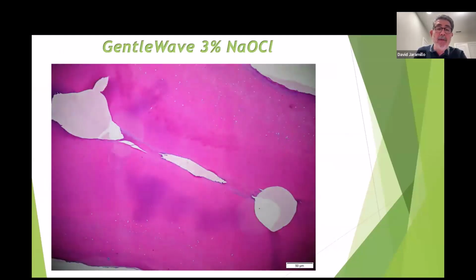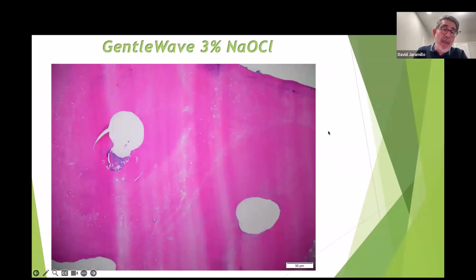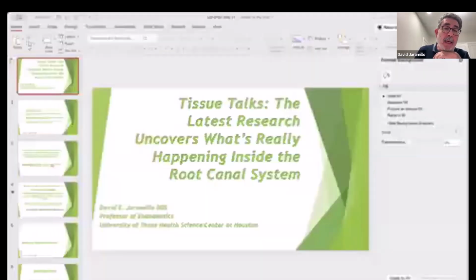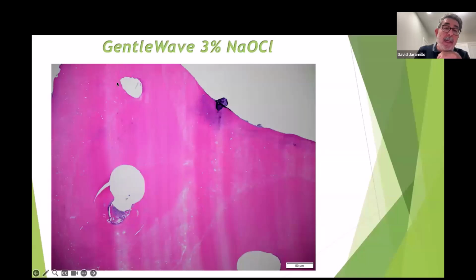As we can see here, the middle portion. Here, in this fin, there's definitely bacteria and pulp tissue located there. It wasn't removed with the GentleWave. This is the same section, but I put it like this because there is a lateral canal here, all right, in this mesial root canal, and this lateral canal is completely clean.